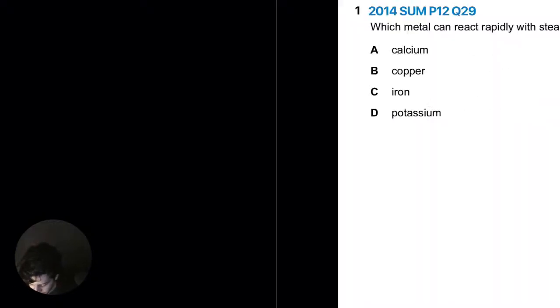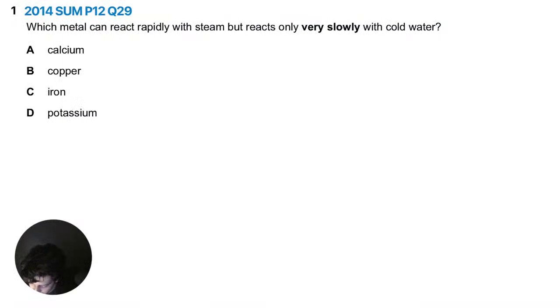Let's look at the quality of questions. I think the first one is straightforward. What's the answer for the first one? My face is all white because of how bright the screen is.